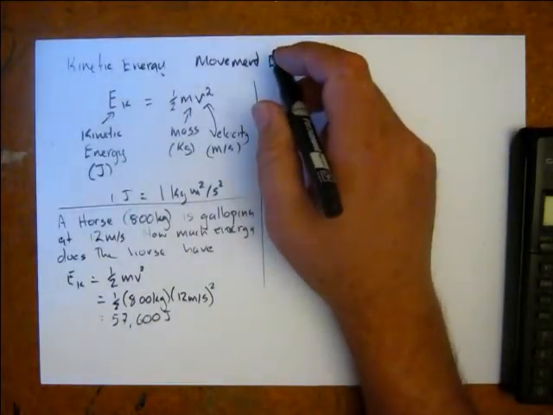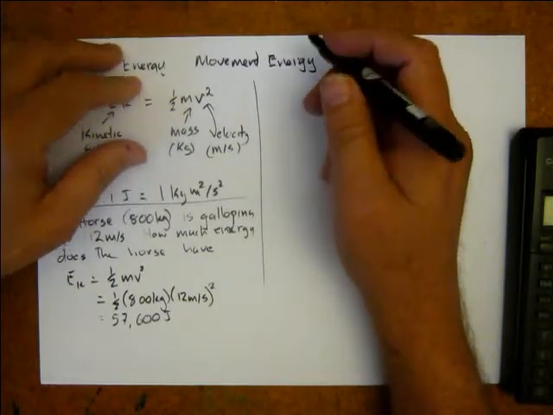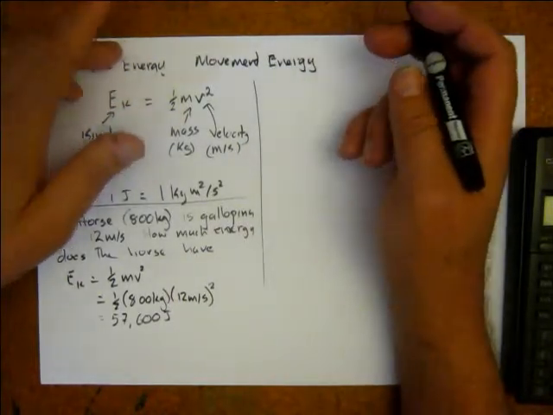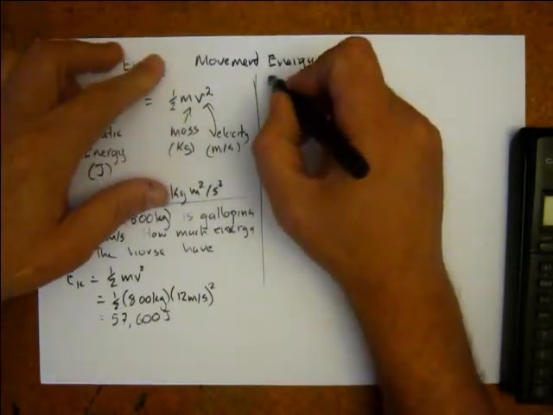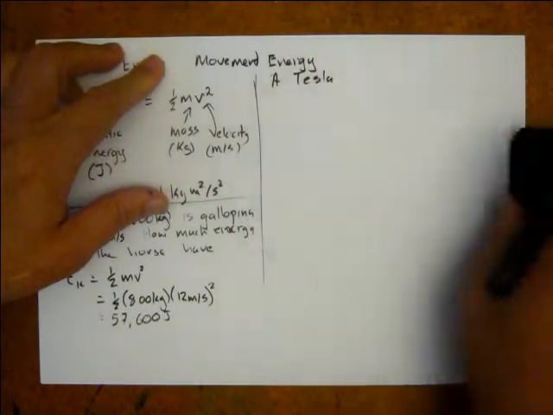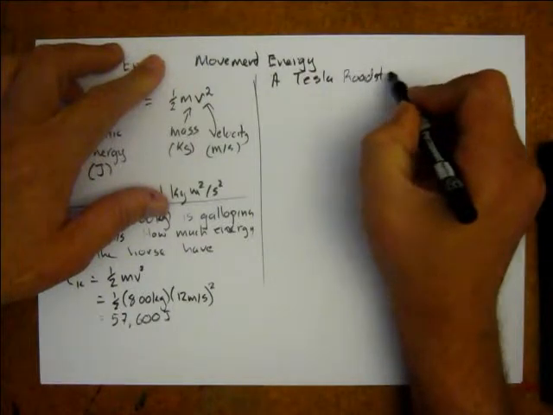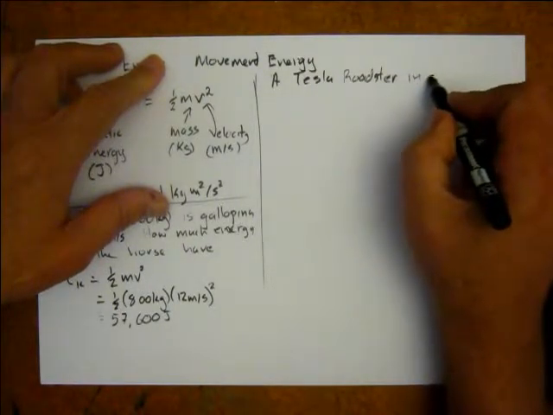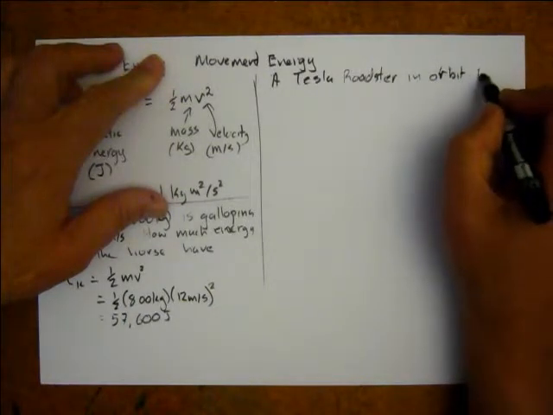Recently, Elon Musk stuck his Tesla sports car into space. How much energy would his car have? So a Tesla Roadster in orbit has how much energy?